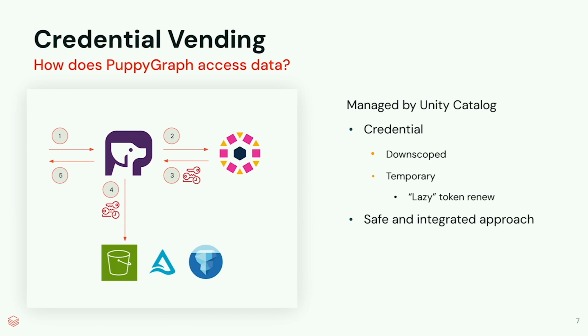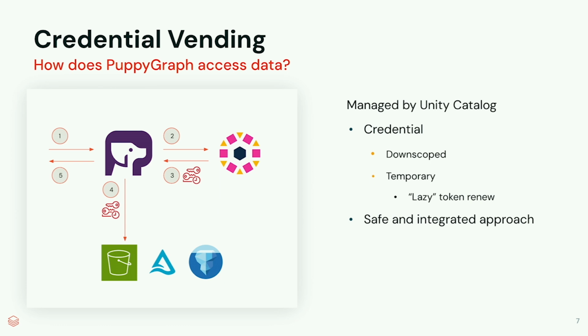With credential vending, when the first step request comes in, PuppyGraph sends a request to Unity Catalog, which is step 2, to get a temporary credential vended back from Unity Catalog in step 3. That credential is downscoped because it only allows PuppyGraph to access a specific subpath of the S3 bucket that corresponds to the tables it is looking for.